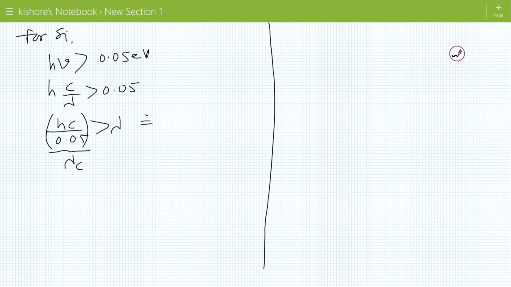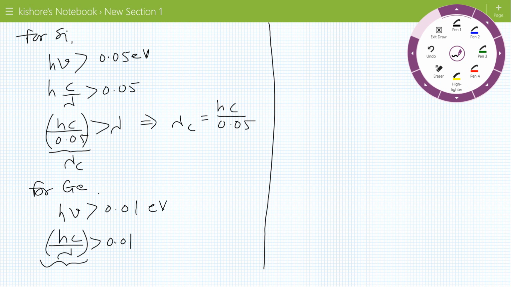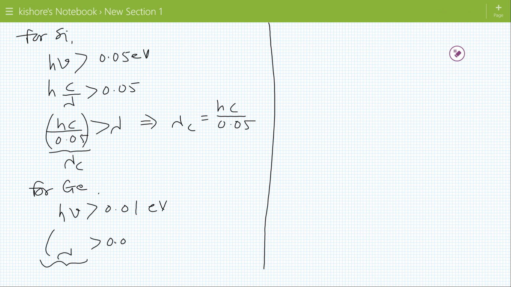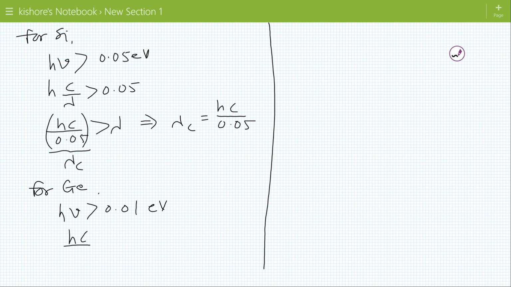For silicon, lambda c is hc by 0.05 electron volts, and for germanium, h nu should be greater than 0.01 electron volts, or hc by lambda should be greater than 0.01 electron volts, or hc by 0.01 should be greater than lambda.